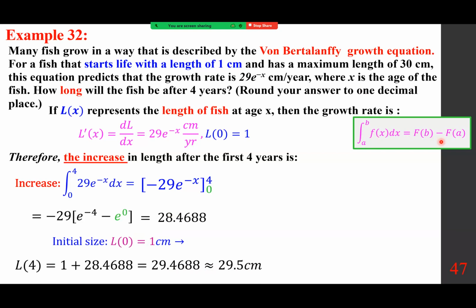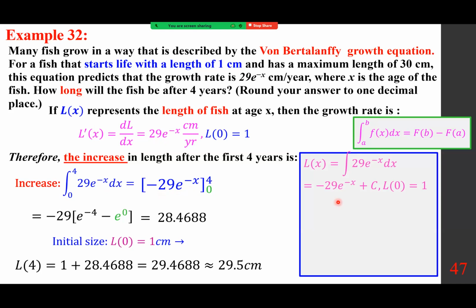So the second method is that, well, we found this. Let's find the general formula for L of x. So this was the amount of increase. So capital L of x is this integral, which is minus 29 e to the power minus x plus a constant, and L of 0 is 1.